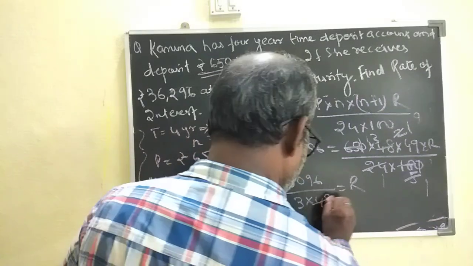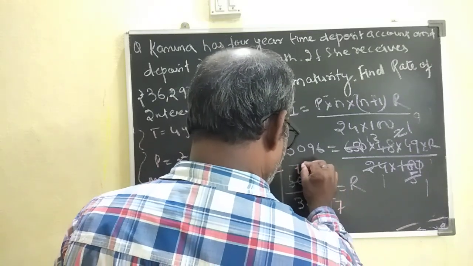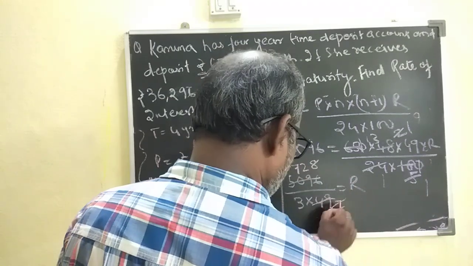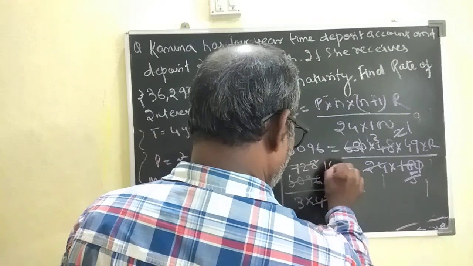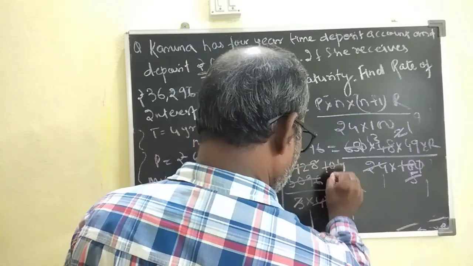Now let us go with 7 sevens are 49, 7 twos are 14, 7 eights are 56, 7 ones are 7, 104, 3 threes are 9.